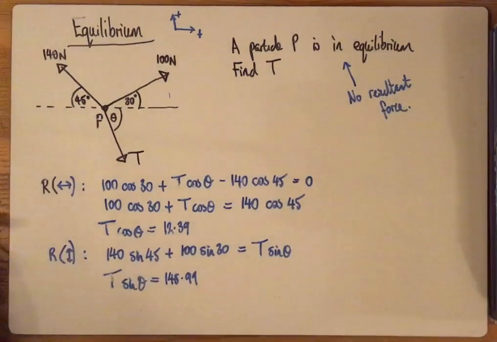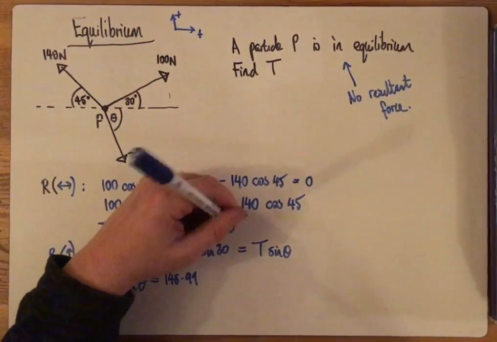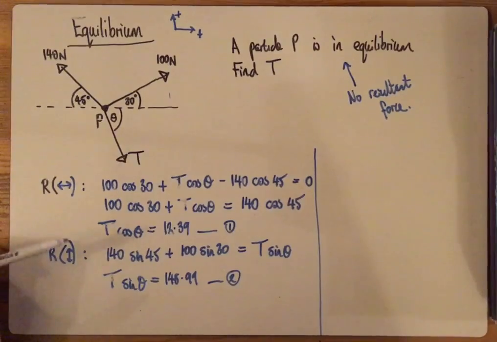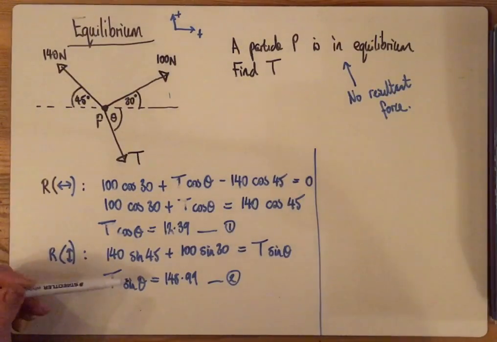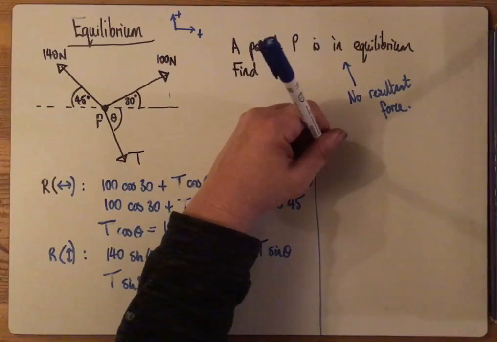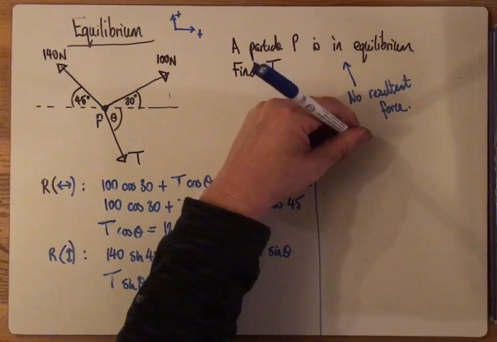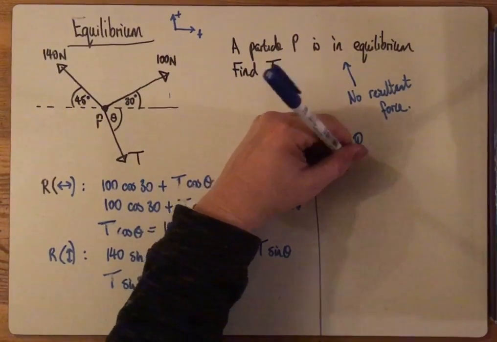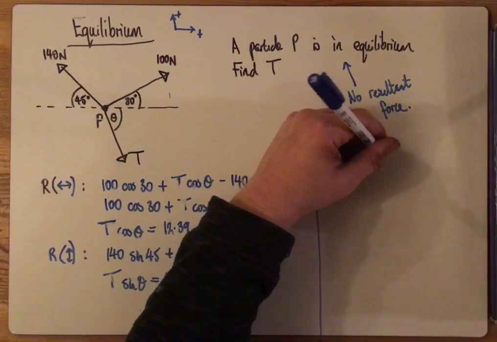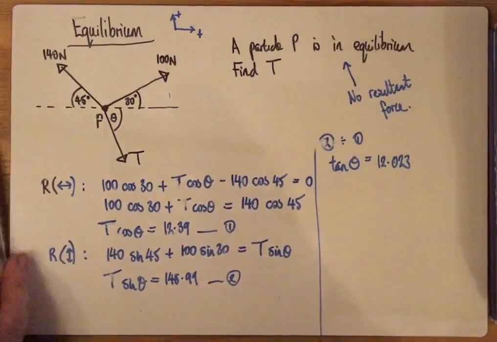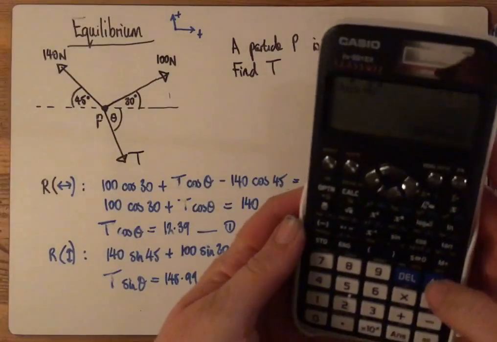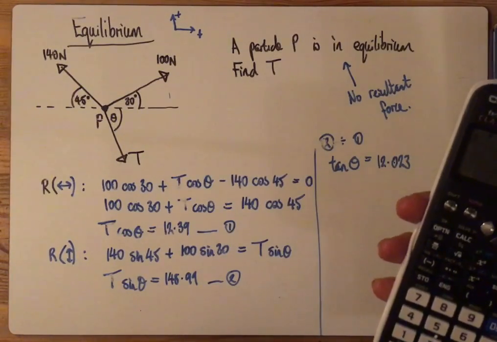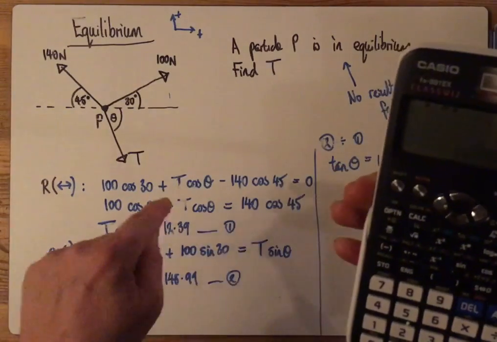And I've got two simultaneous equations, which is kind of what we're expecting to happen, because we've got two unknowns, two equations. And so to eliminate t, I can do 2 divided by 1. Sine theta over cos theta is tan theta. So this gives you tan theta is equal to 12.023, although we don't know that yet. So on my calculator now, I want to do b divided by a.